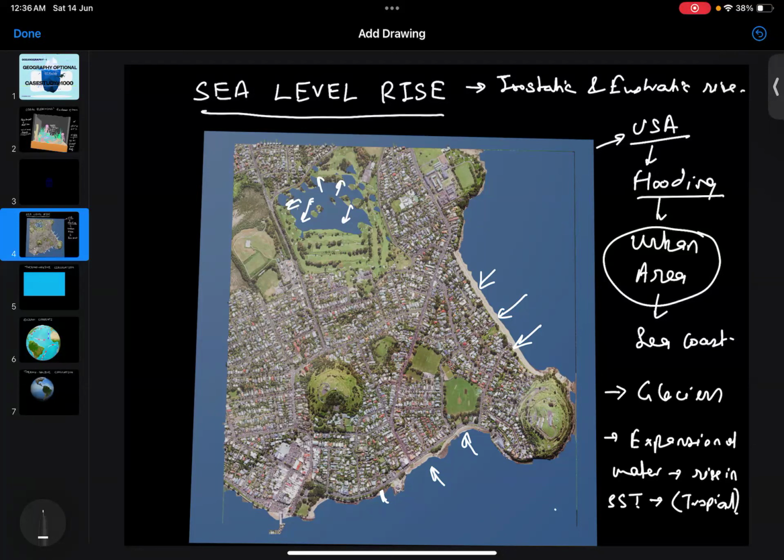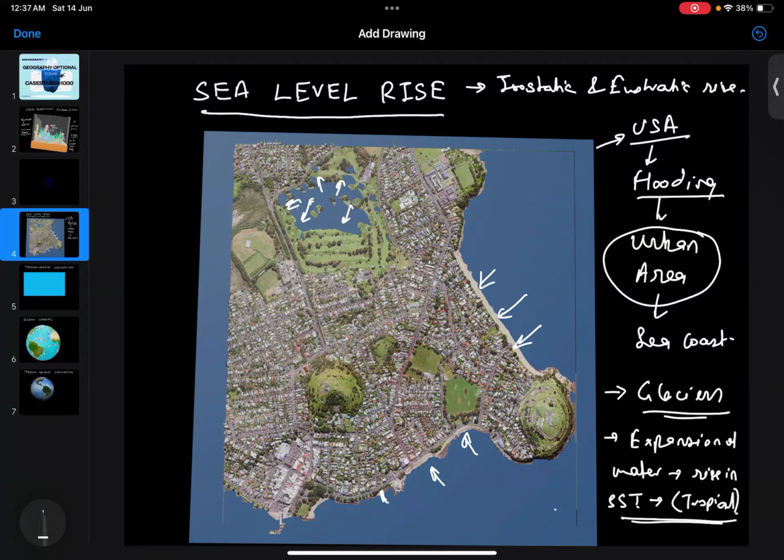Apart from this, there is also another important theory, the glacial-eustatic theory, that is the rise and fall of the sea level between the glacial and interglacial cycles, which is also linked here with the glacial part.